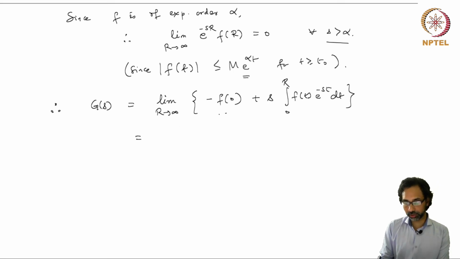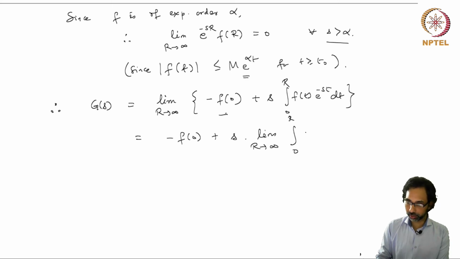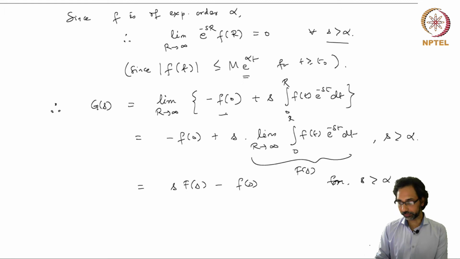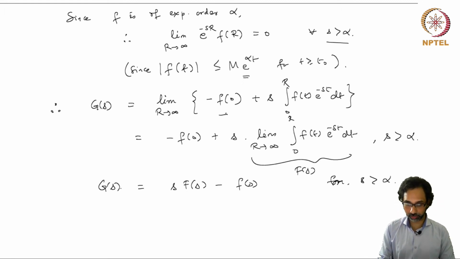The first term is constant in R, so this is minus f(0) plus s times the limit as R goes to infinity of the integral from 0 to R of f(t) e^(-st) dt, and now note that this is nothing but F(s). So this formula remains valid for s greater than alpha, and in the end we get sF(s) minus f(0) for s greater than alpha. So we get our required formula.